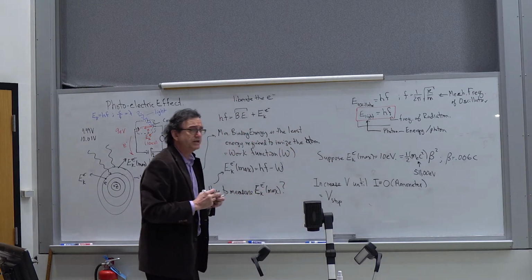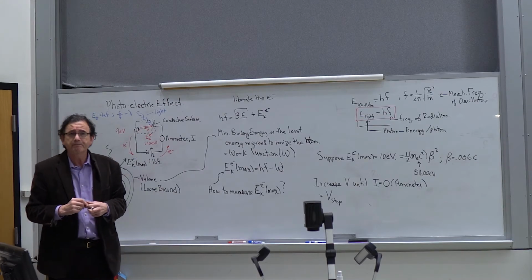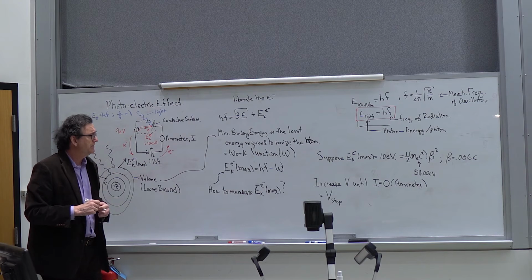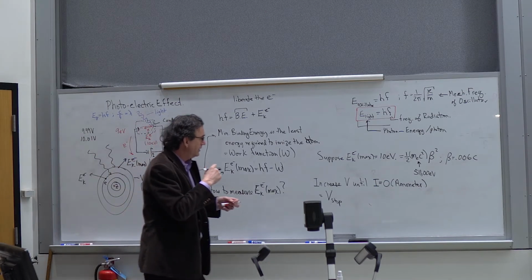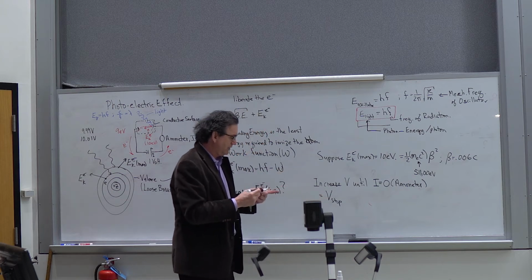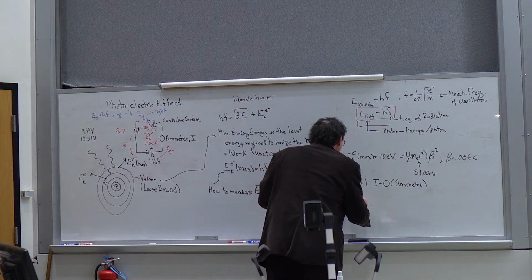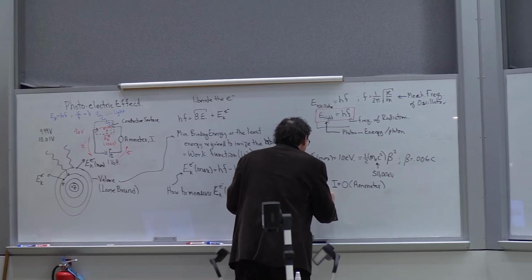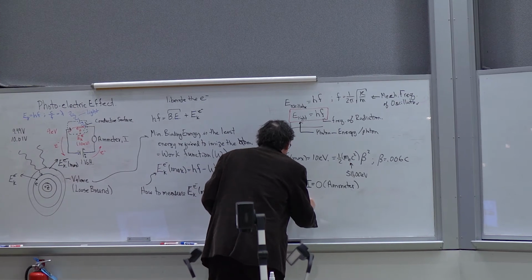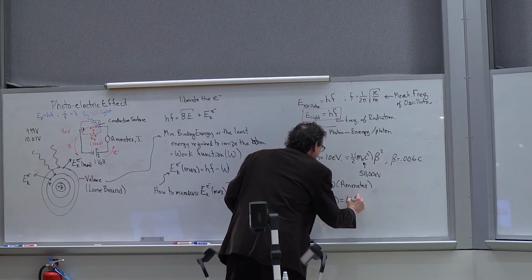And that's the voltage I need to stop the most energetic electron from getting across. Okay. And therefore, I know that the maximum kinetic energy of that electron was equal to 10 eV.